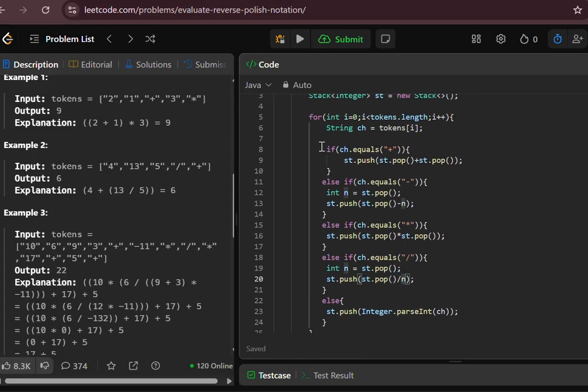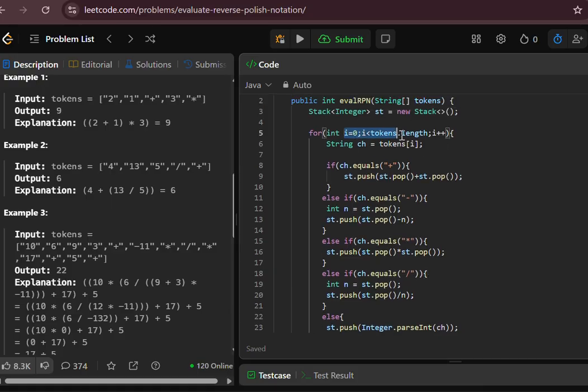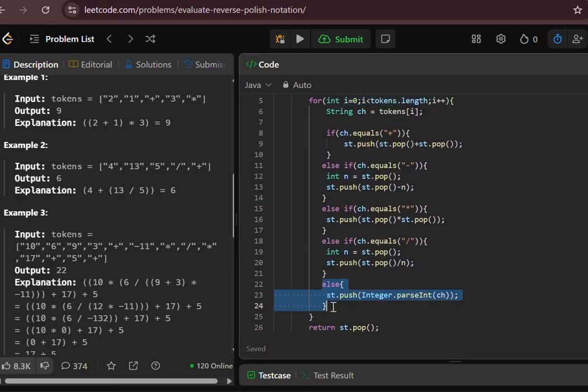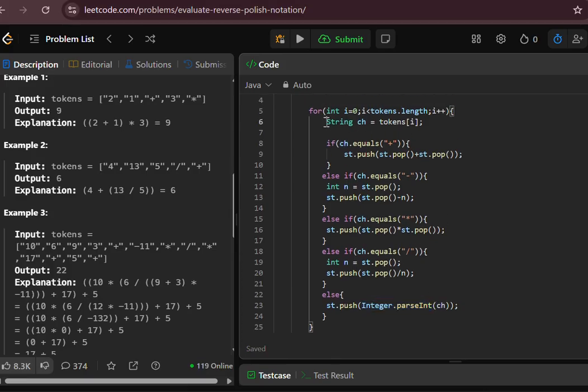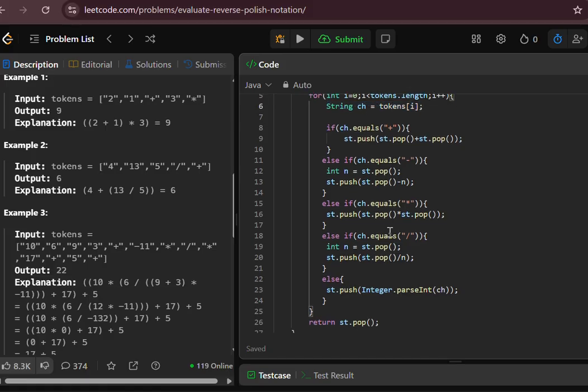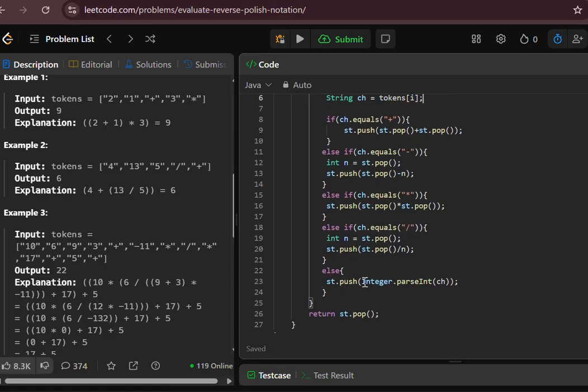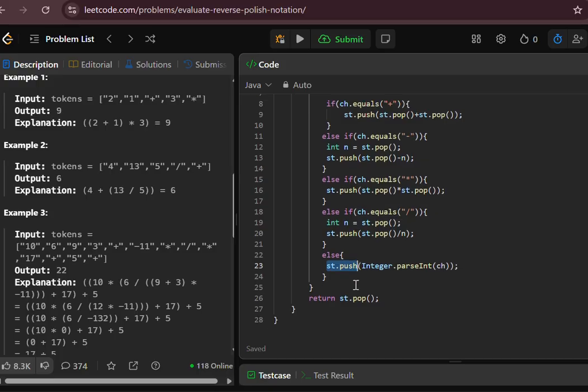And if what we get is a number, we simply push it: stack.push with Integer.parseInt, converting the string token back into an integer. After all this, we return stack.pop, which is our result.